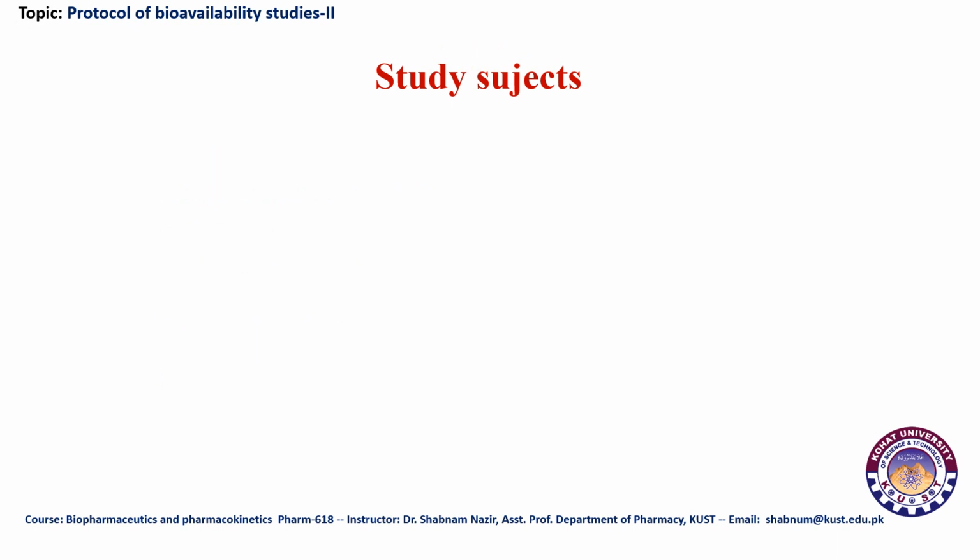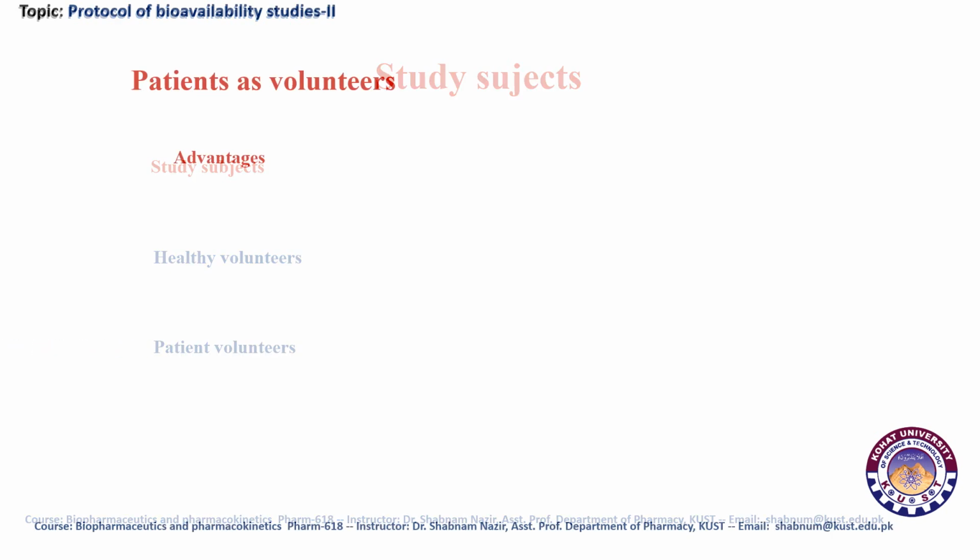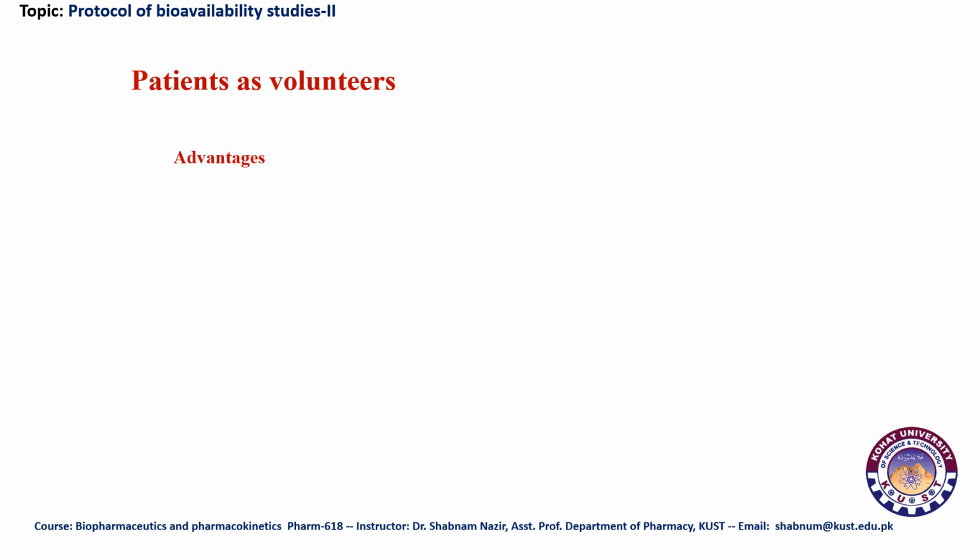Subjects. Study subjects which are made part of bioavailability studies could be of two types: healthy volunteers or patient volunteers. Patients are selected as volunteers rather than healthy volunteers. There are certain advantages associated with this choice.